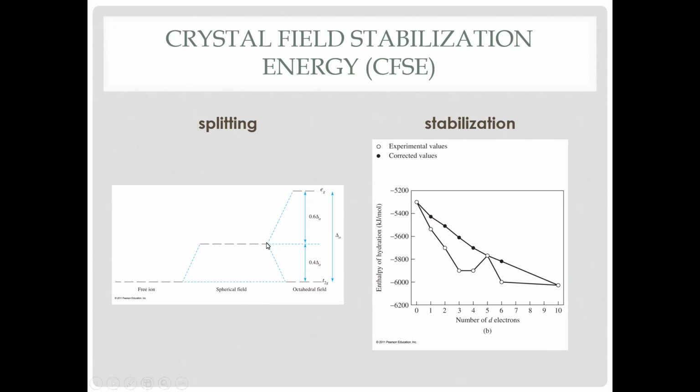So in an octahedral field, the orbitals split relative to this barycenter. The t2g goes back down toward where it was as a free ion, so it's non-bonding, and the eg rises up in energy. And you'll notice that the barycenter isn't exactly in the middle.